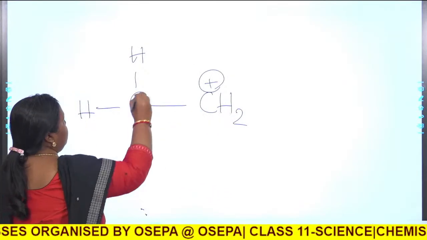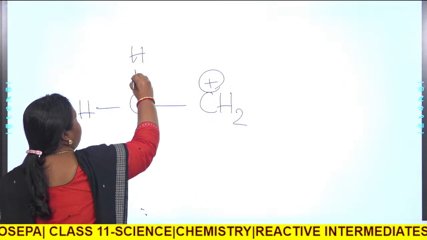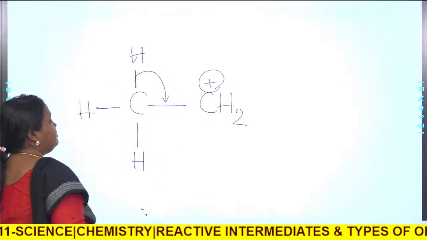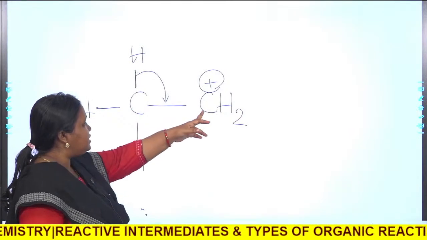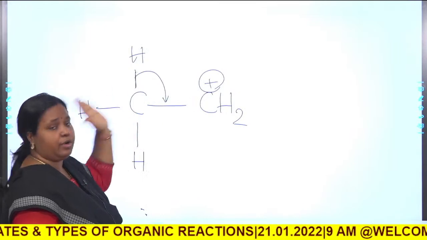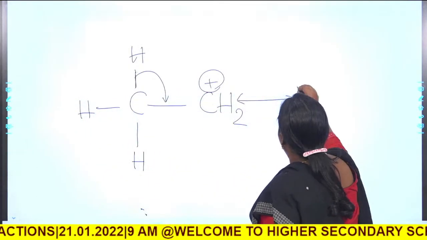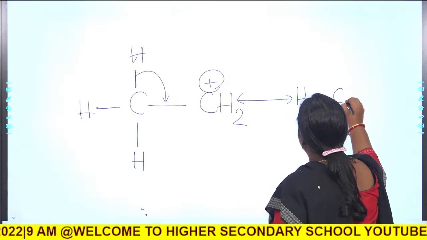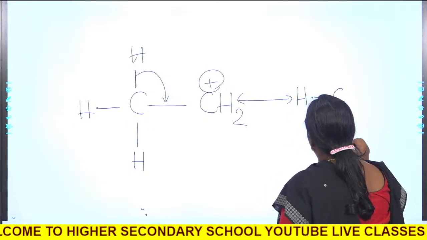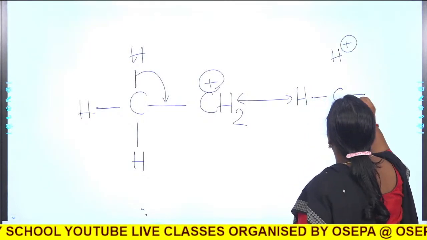So suppose this hydrogen gives its electron to this carbon and leaves the space. Then the structure becomes H, C, H, double bond, CH2.